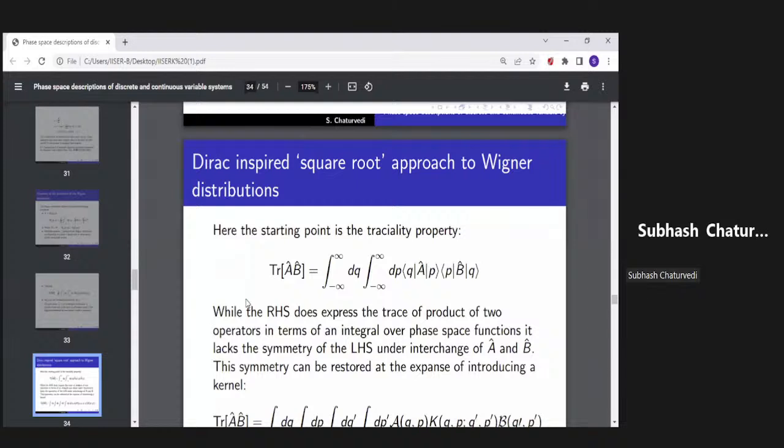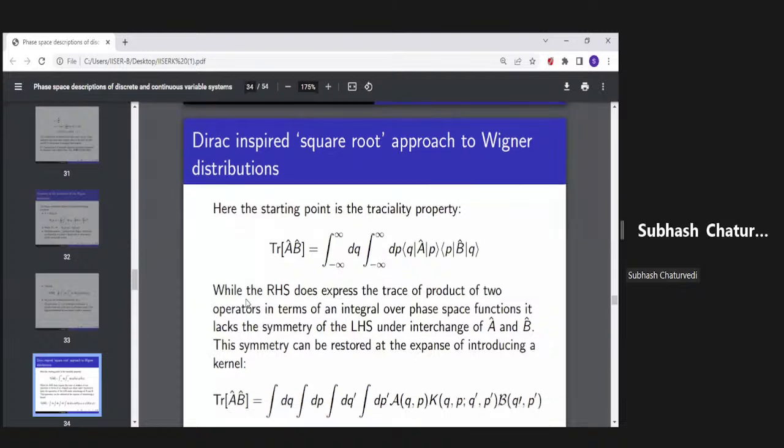So here the starting point is this traciality property. Now you notice that the left-hand side is symmetric under interchange of A and B, whereas the right-hand side isn't.